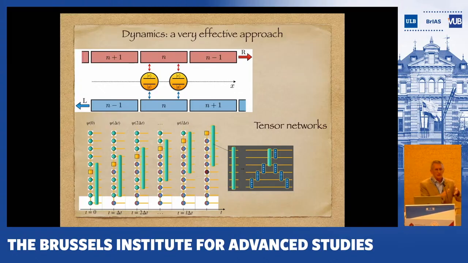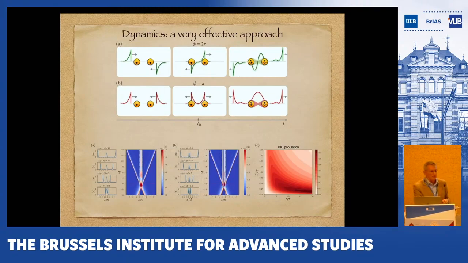So we use tensor networks, and we analyze the dynamics of two atoms initially prepared in an excited state. Both of the atoms are excited, and you look at the emissions. And that's what happens. Below I showed you what the scattering looks like.